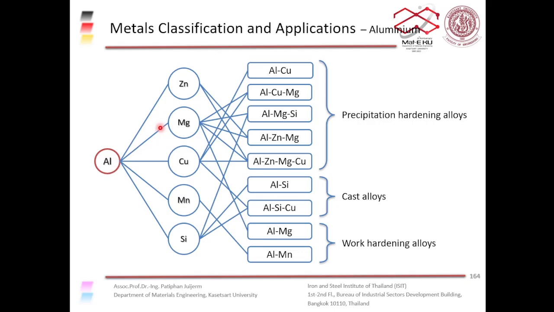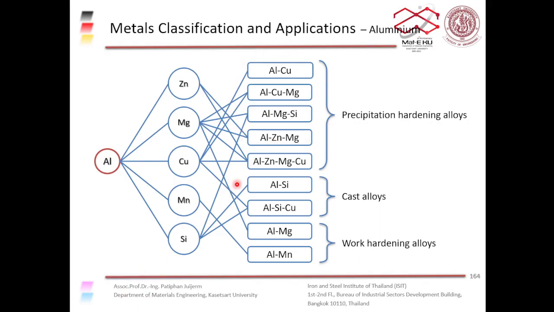You can mix aluminum and zinc together to form aluminum alloys: aluminum, zinc, magnesium; aluminum, copper, magnesium, silicon; aluminum, zinc, magnesium, copper. All these are precipitation hardening alloys. These alloys can form precipitates.